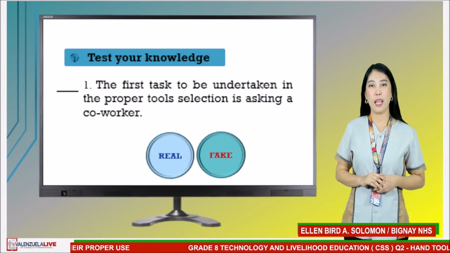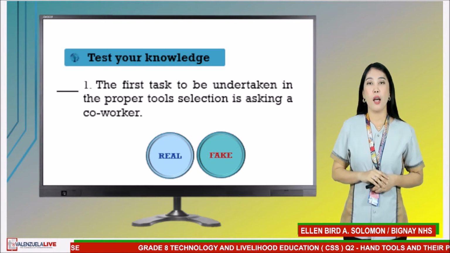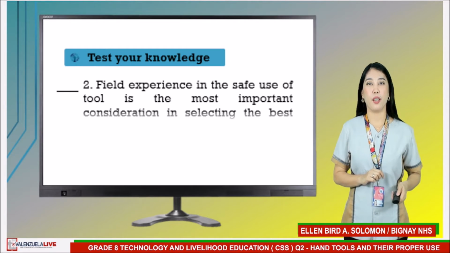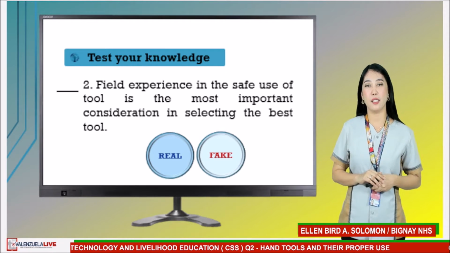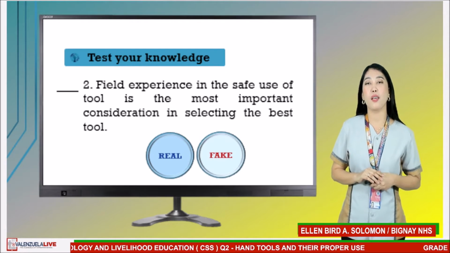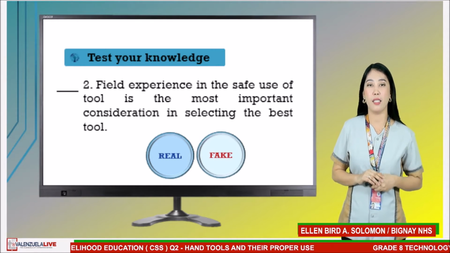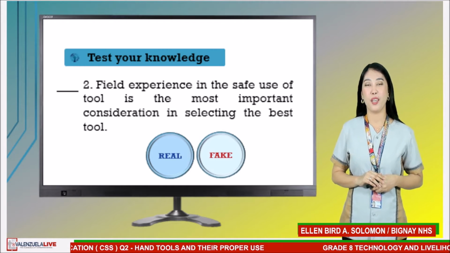Very good. Let's have number 2. Field experience in the safe use of tools is the most important consideration in selecting the best tool. Real or fake? Your 5 seconds start now.